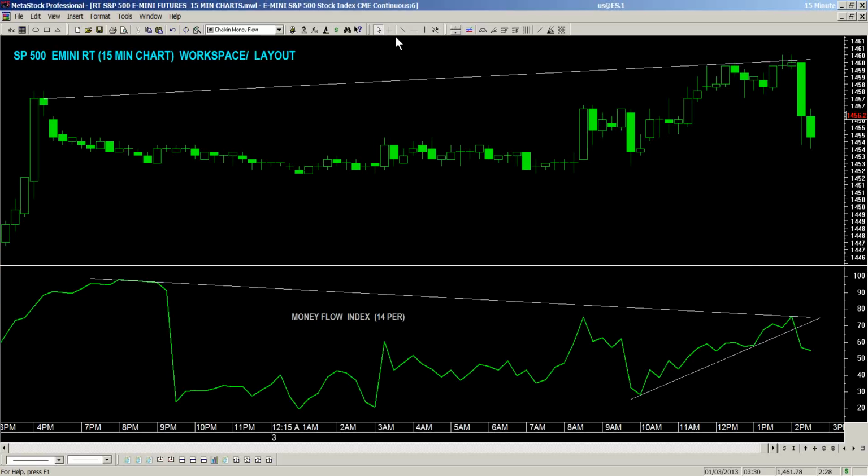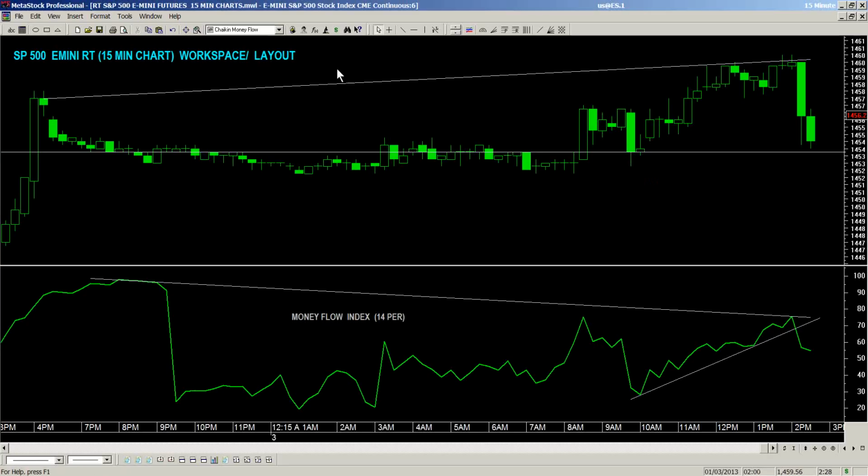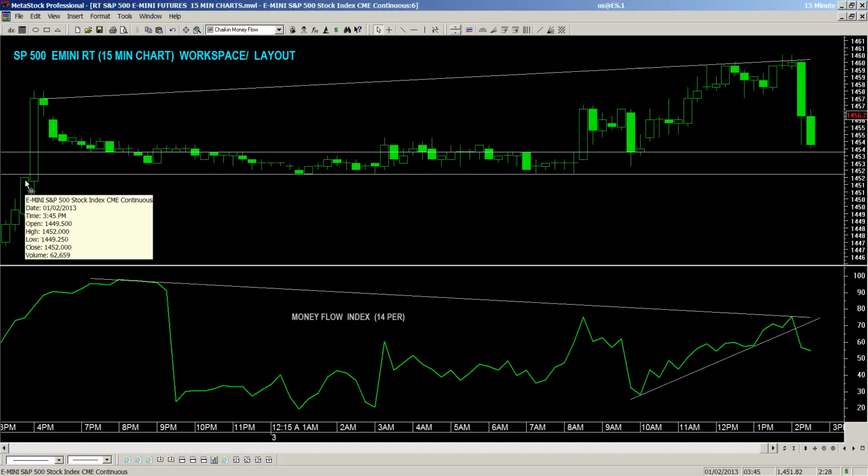On a 15-minute chart, the levels to the downside still exist here at the two bars that were laid out at this approximate area on the 9:45 a.m. bar. And again, at the 10 a.m. bar, the next level to the downside for a projected profit will be right here as outlined by these two bars, just short of the open of the 4 p.m. bar on 1/2/2013.